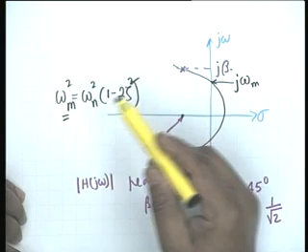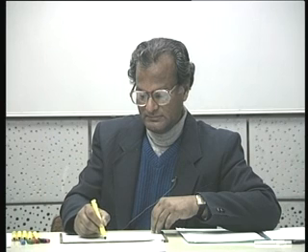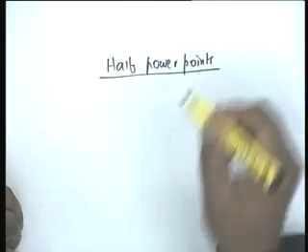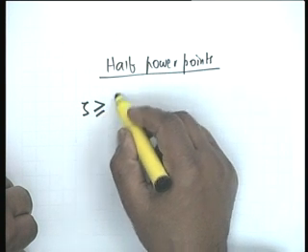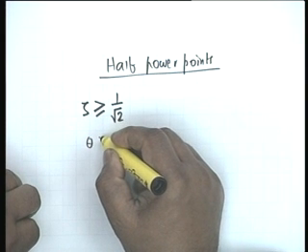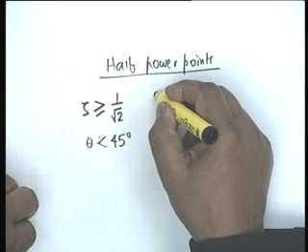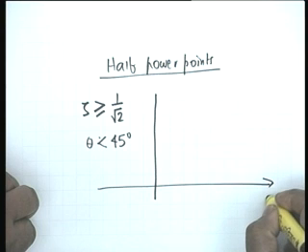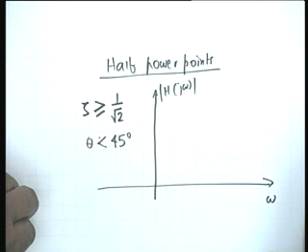Now these observations will be useful in finding out the so called half power points. If zeta is greater than or equal to 1 by root 2, that is theta is less than 45 degrees, then there is no peaking and the magnitude response versus omega, h of j omega magnitude, would be something like this.